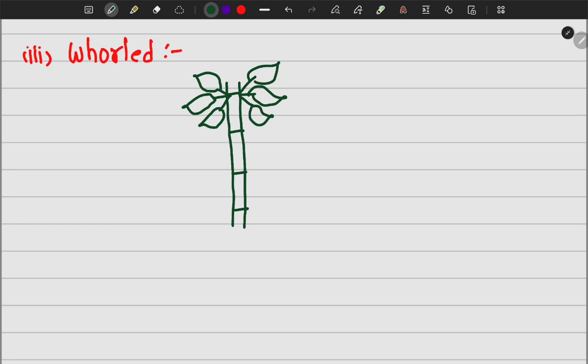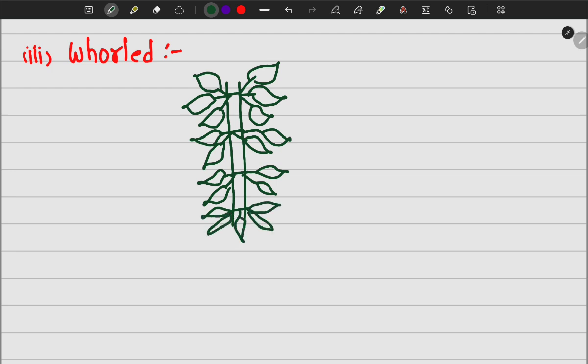These leaves can be any number more than 2, and at each node more than 2 leaves will arise and they will form a whorl like this. That is why it is called whorled type. Is this clear? So, example of whorled is Alstonia.